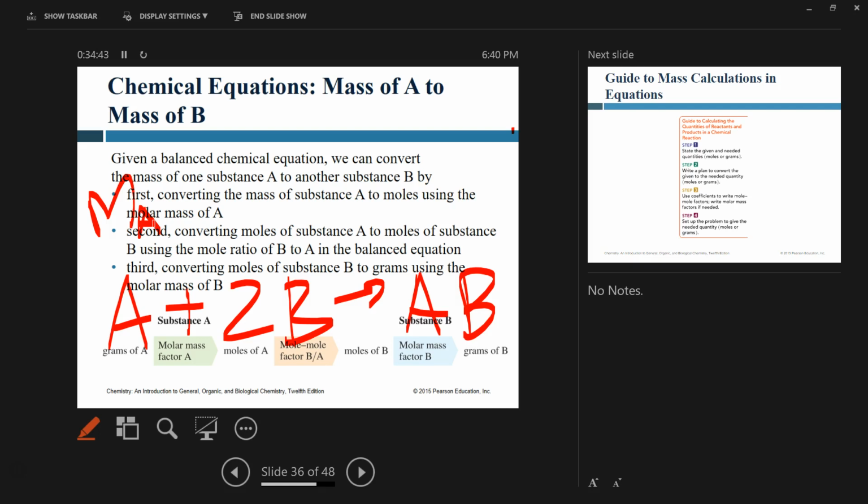If I know total mass, if I know a mass of 1 mole, can I find how many moles I have? Yeah. If I know how many moles of substance A I have, can I find how many moles and grams of substance B I need? Yes.